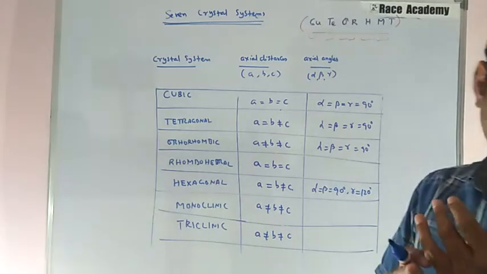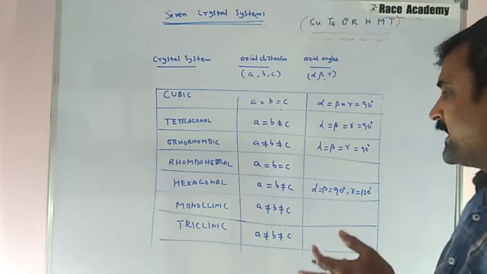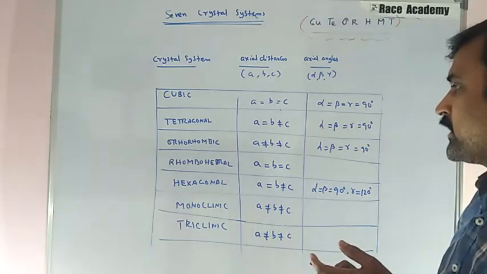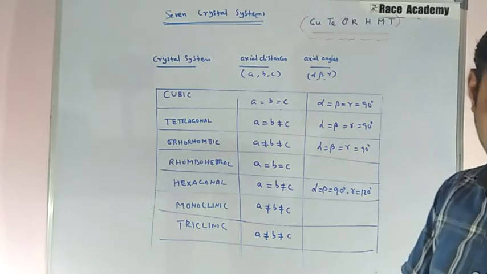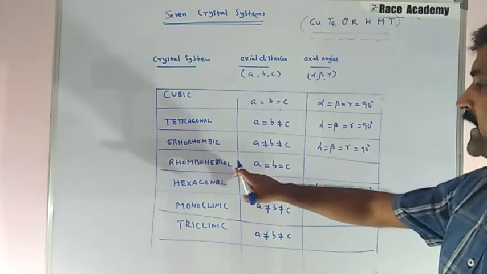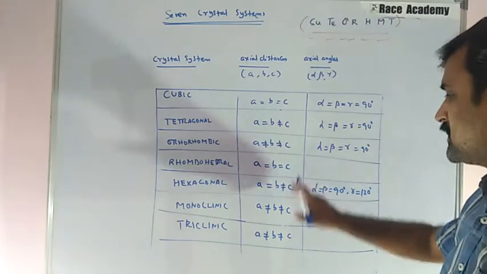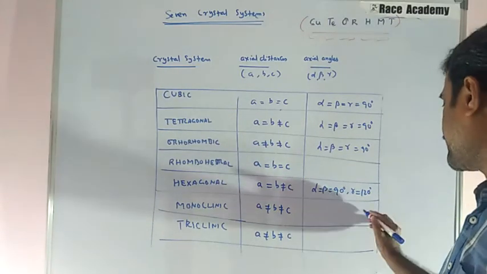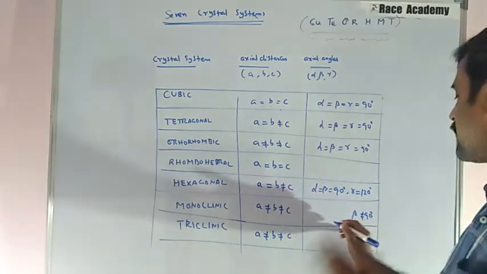Coming to the monoclinic case and the rhombohedral case. In rhombohedral, A, B, C are all equal. In monoclinic we have beta not equal to 90, the rest are 90.